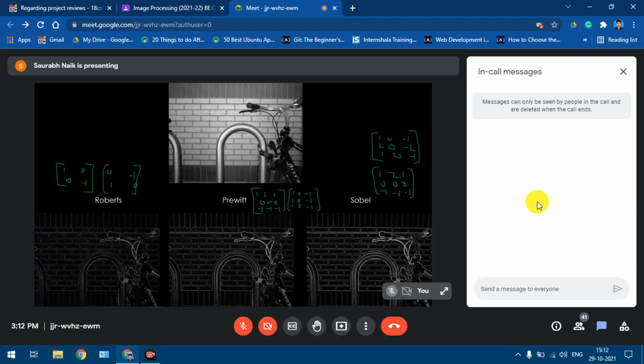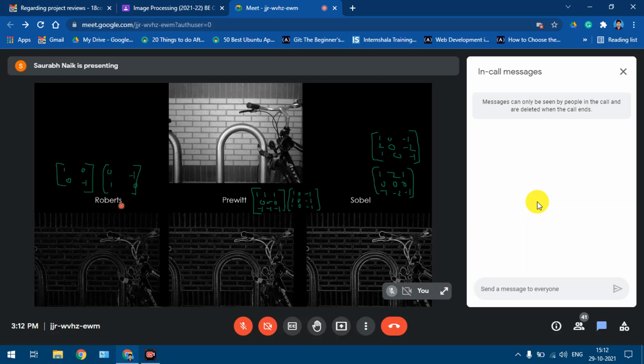Now you must be wondering why we have two convolution matrices, when earlier in smoothing we just had one convolution matrix. This is because the gradient is a vector, and since this is a two-dimensional image, the vector itself will be a two-dimensional entity.